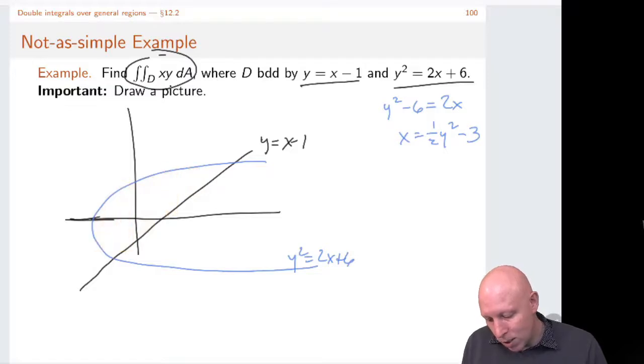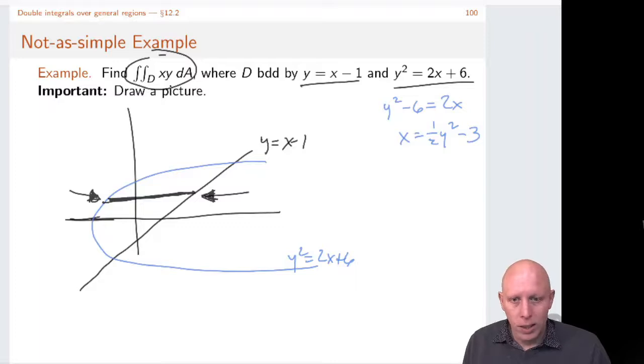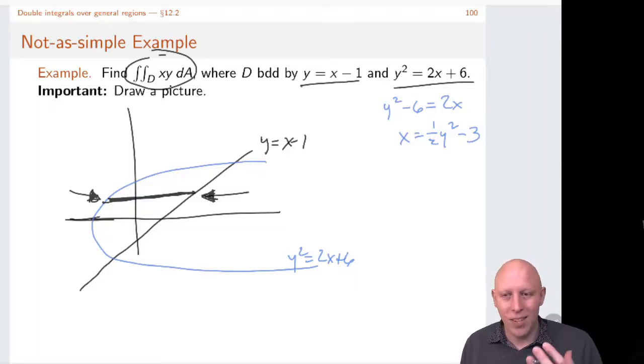So what does a horizontal slice look like? A horizontal slice looks like this, in which case you have a lower function or a left function, and you have an uppermost function or a right function. We call this a type 2 region.